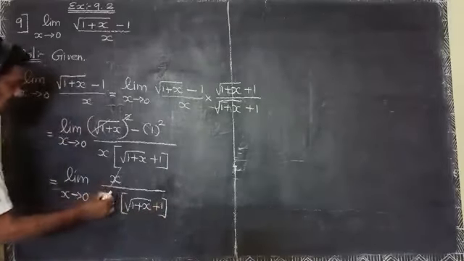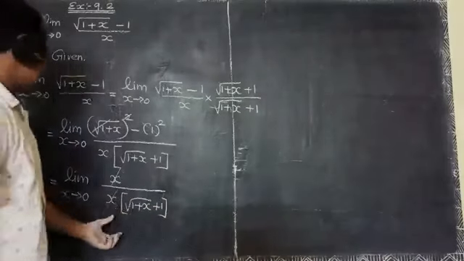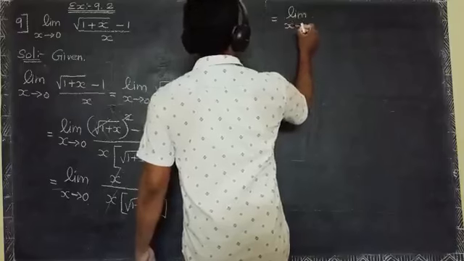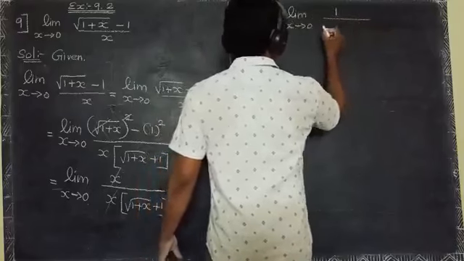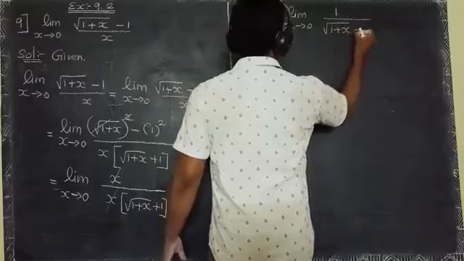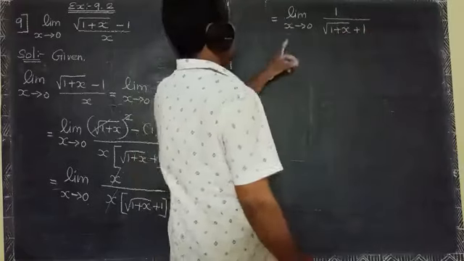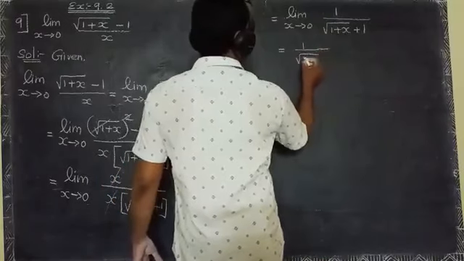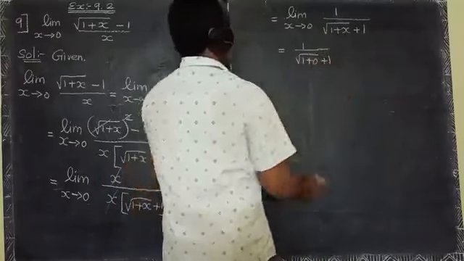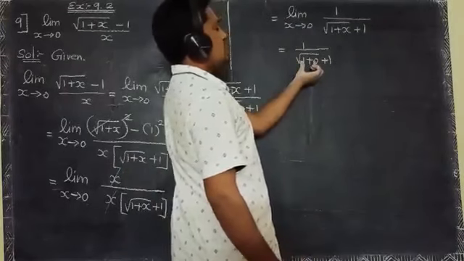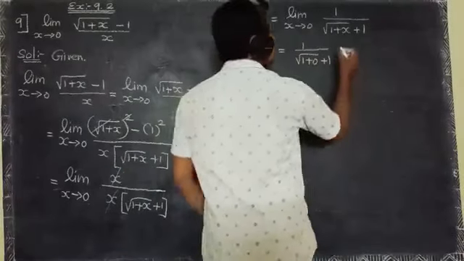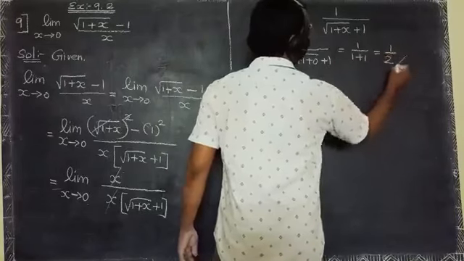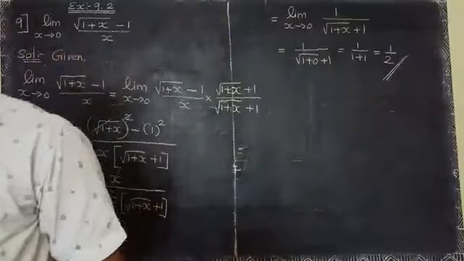Here the x cancelled, finally we get the function limit x approaches 0 of 1 divided by square root of 1 + x plus 1. Replace x equal to 0: 1 divided by square root of 1 + 0 plus 1. 1 + 0 is 1, square root of 1 is 1, 1 plus 1 is 2. So 1 divided by 1 plus 1 is equal to 1 divided by 2. Okay, thank you.